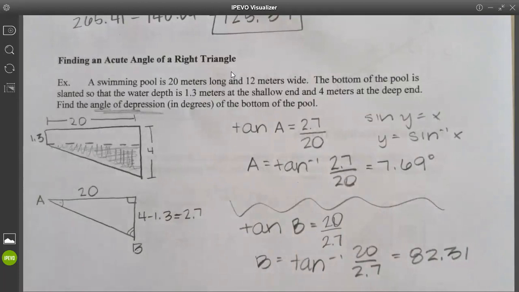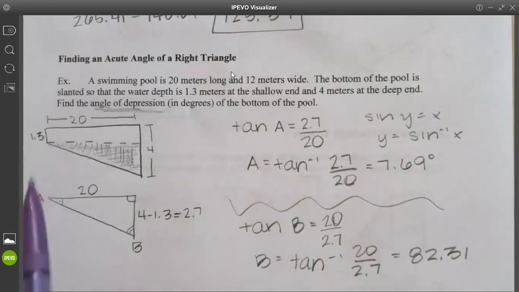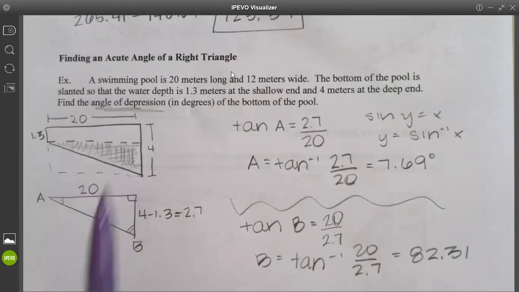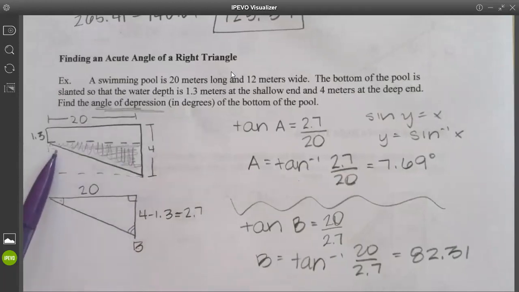You don't have that extra 90 degrees, right? The angle of depression is inaccurate because there's an extra 90 degrees, right? Why would there be an extra 90 degrees, if the side of the pool is vertical? No, all it wanted was, what was this? Okay, so if I extended this down, it wants to know what your angle of depression was.